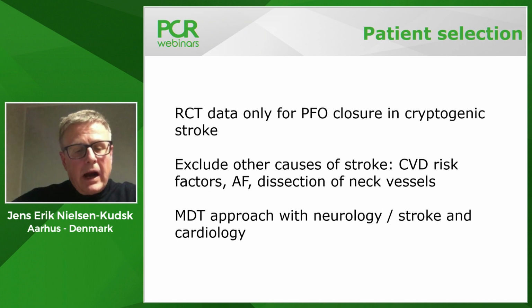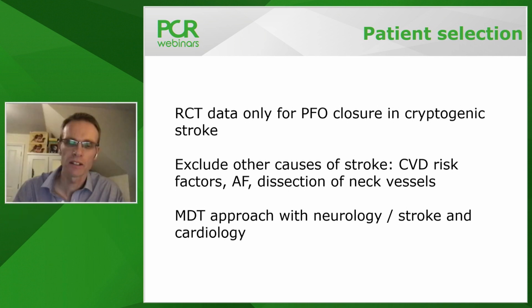There can be migraine, there can be a lot of other events that can be mistaken for a TIA. So I think MRI imaging here is essential. No, I think that's a really clear message, Jens Erik.